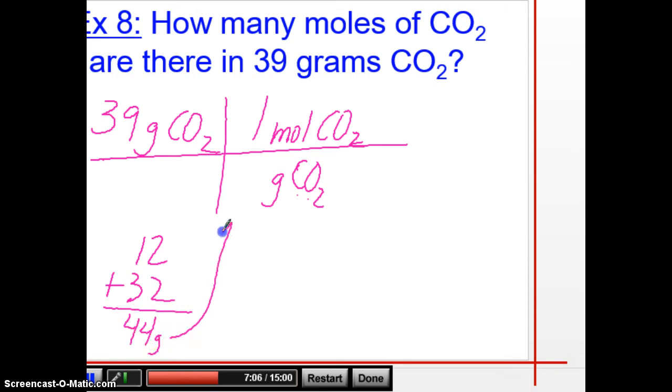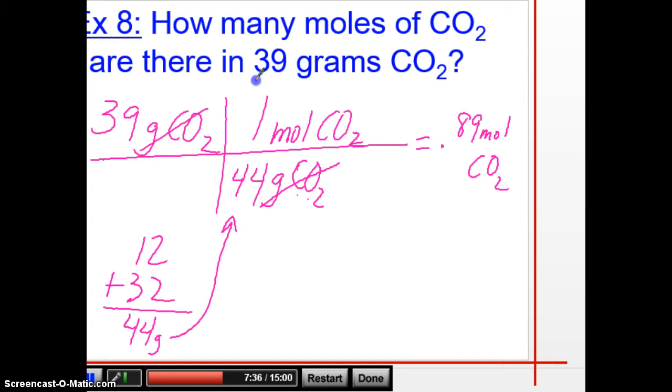So we're going to put 44 right up there. So that's going to help us cancel grams, and we're going to be left with moles of CO2. So we took 39 times 1 divided by 44. We're going to get 0.89 moles of CO2.